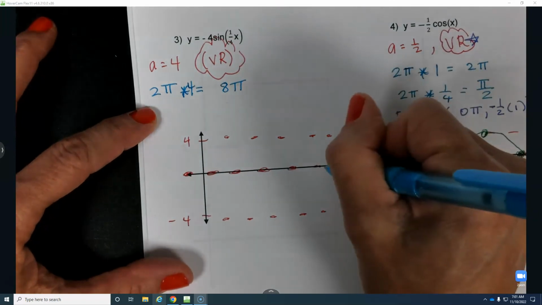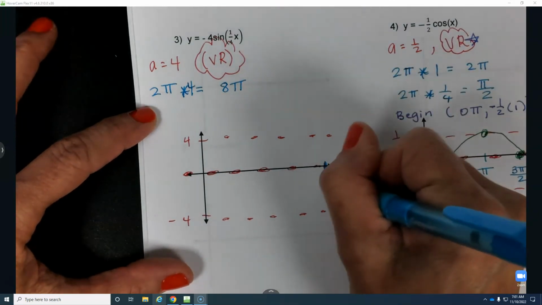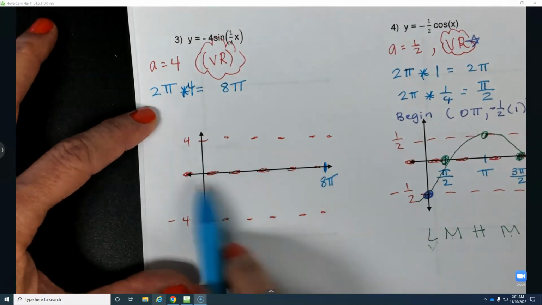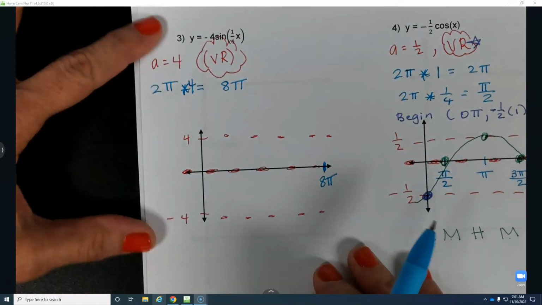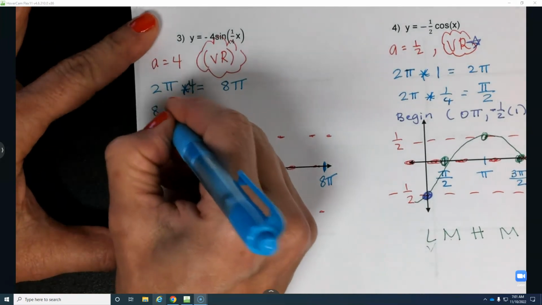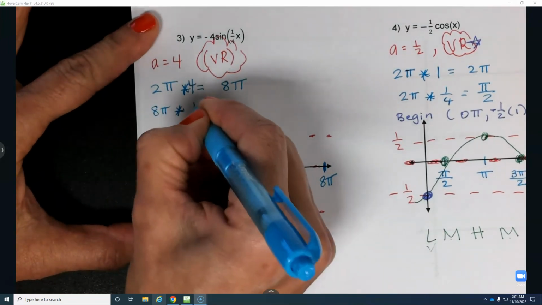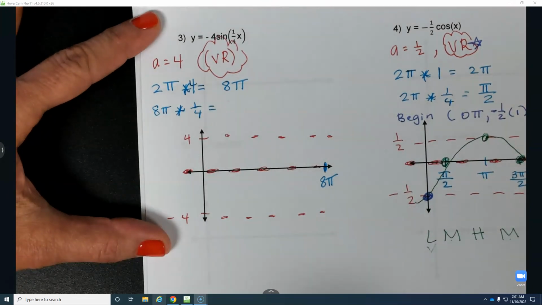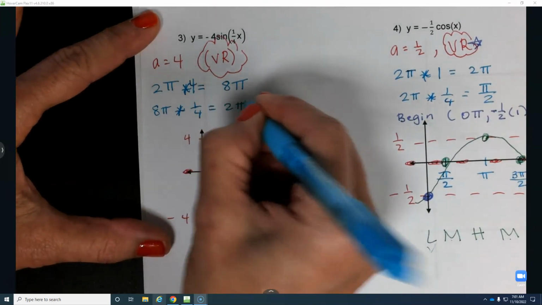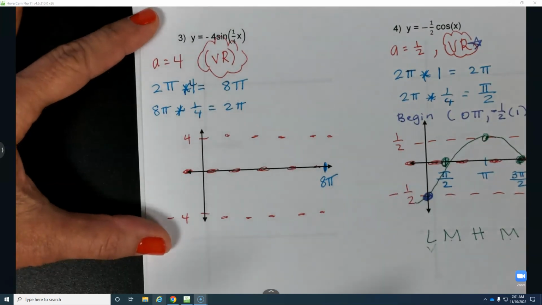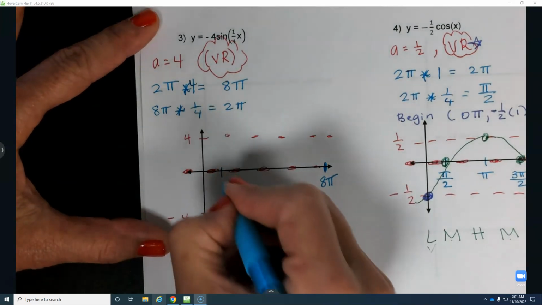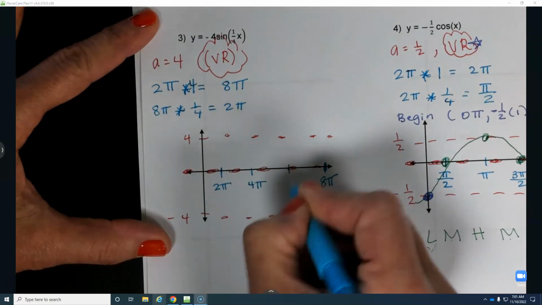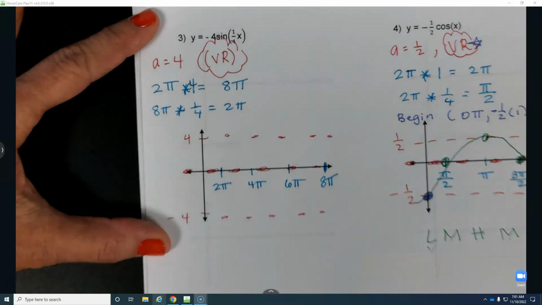So I'm going to go way over here and remind myself that's where it ends. All right, and guys, remember after that we have to find our tick marks. We're going to call those increments. So you're going to take 8 pi and you're going to cut it into fourths, so multiply by a fourth. That's going to be 8 over 4, guys. That's going to be 2 pi. So our tick marks are going to be increasing by 2. So here's 2 pi, 4 pi, 6 pi, and of course we already have our 8 pi.